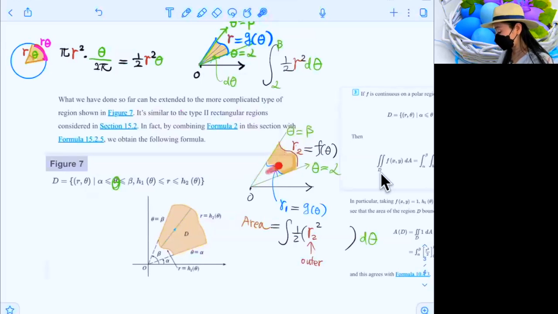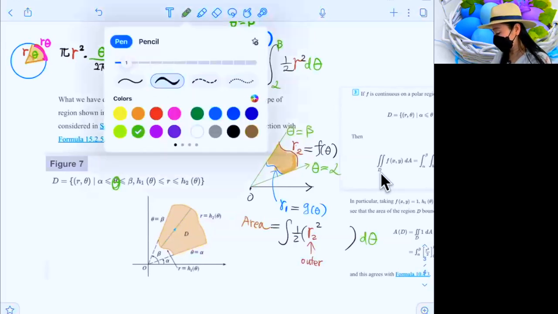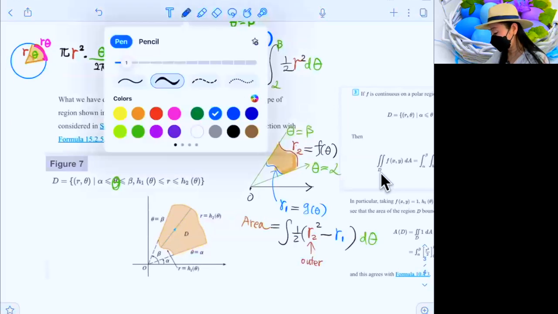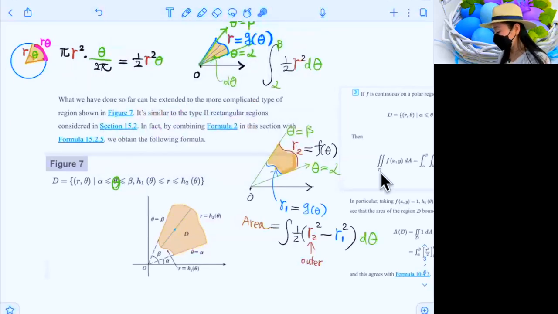Then you subtract the inner one, in this case R1, squared. The difference of this sector and this sector is the area over here. Theta changes from alpha to beta, so we have alpha to beta. This is the formula we had before. Let me label that: the R1 here is the inner one.